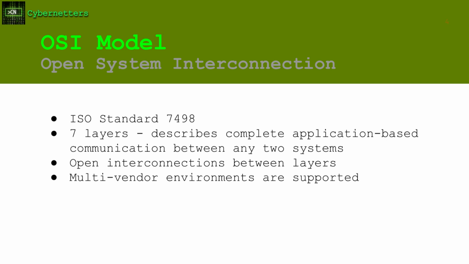The OSI model, also known as Open Systems Interconnection, is established as ISO 7498. This model standardizes how different systems communicate regardless of the vendor, by breaking the process into seven layers. So the purpose is to enable open interconnections between different vendors' hardware and software. Thanks to this model, we have a universal framework that allows devices from different manufacturers to communicate effectively.